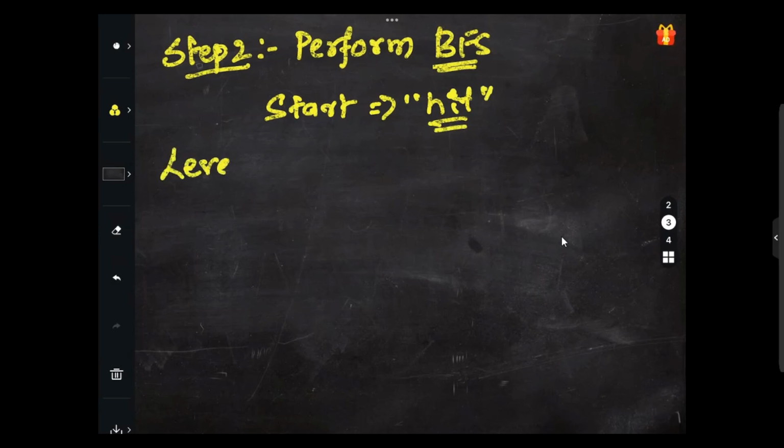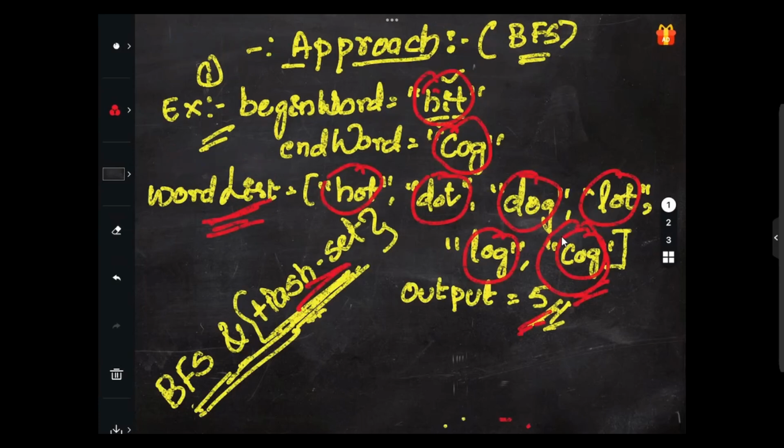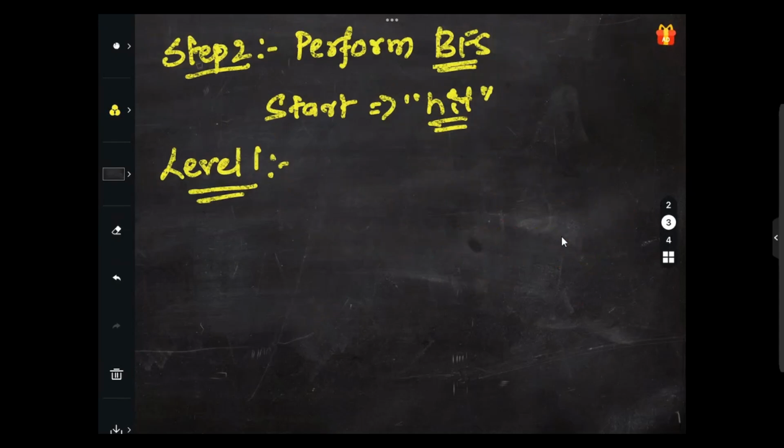At level 1, what happens here? We have to process hit. So let's change hit to hot, the first word present in the word list, right? Level 1, we are changing hit to hot. This is valid in the word set because hot is present.